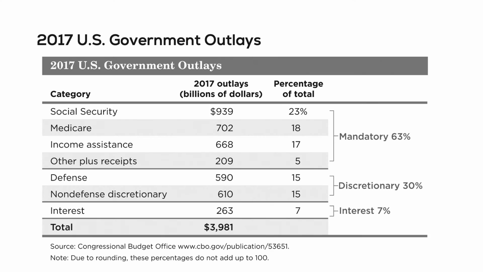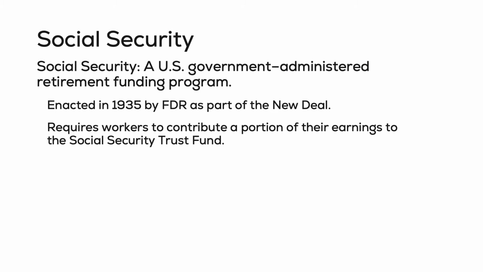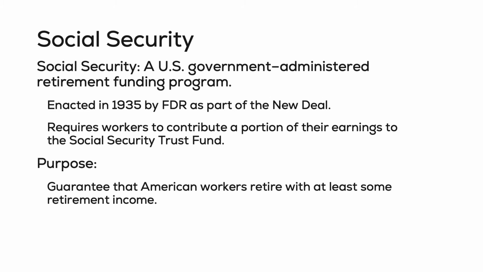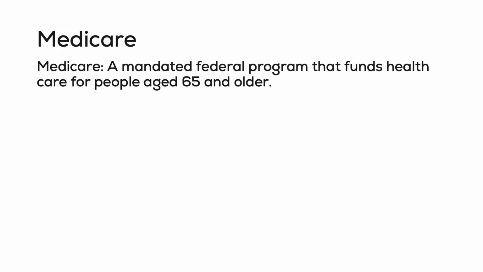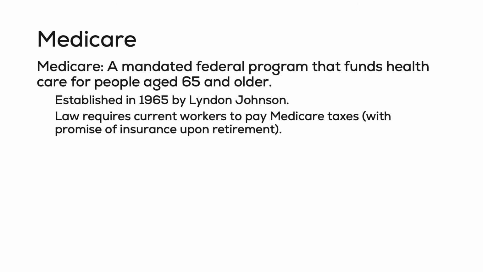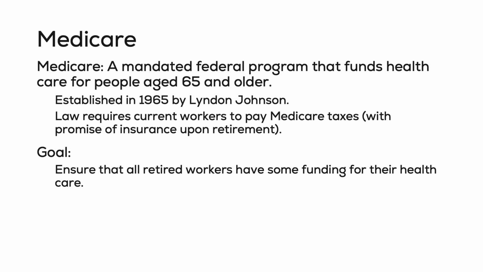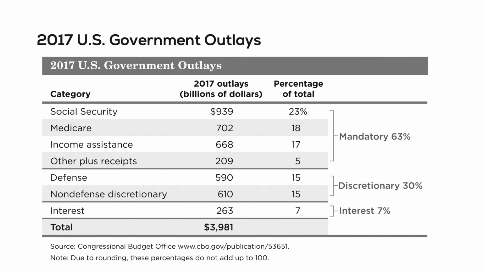The majority of United States spending is actually in the form of mandatory outlays. Two-thirds of our budget is allocated to mandatory outlays. 41% of the budget is allocated to Social Security and Medicare. 30% of the budget is allocated to discretionary spending, with defense spending accounting for 15% of the overall spending.